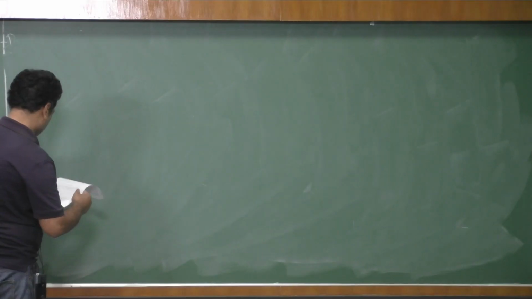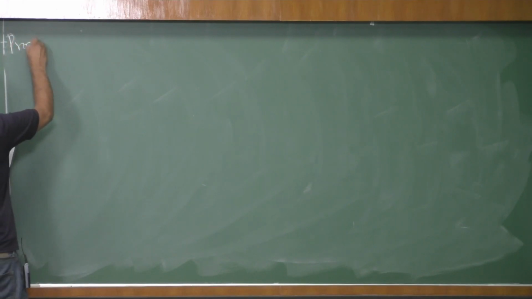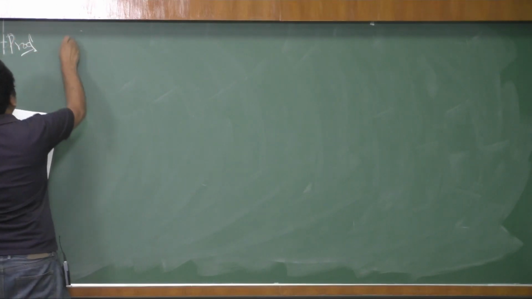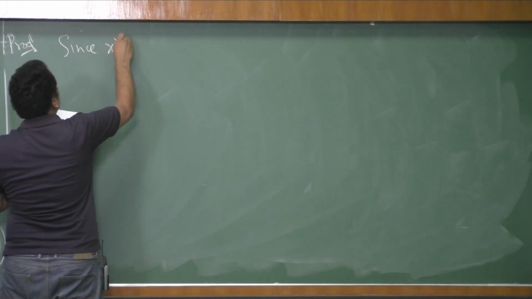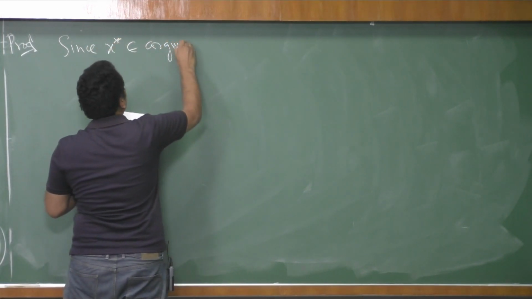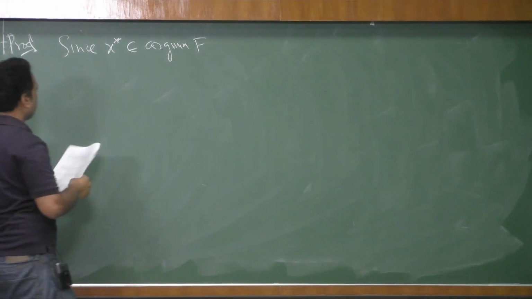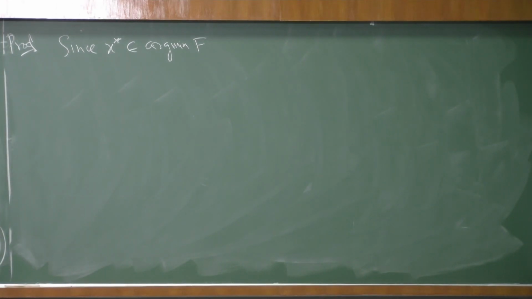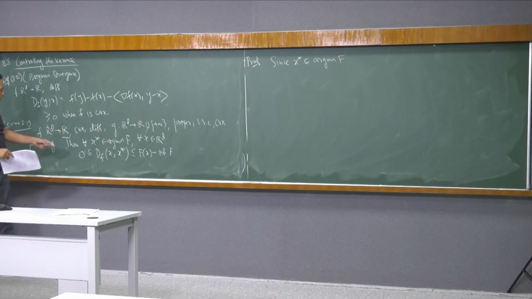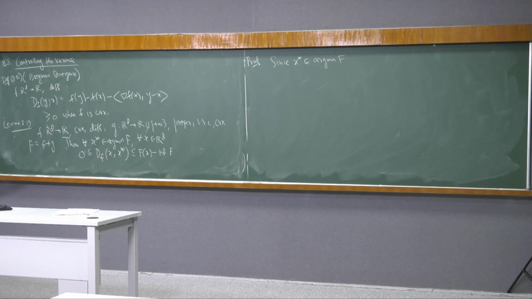Proof of this. Since x star is in argmin of F, we can use the Fermat theorem. Basically it would mean that 0 would belong to the subdifferential of F. Now g may not be differentiable, although f is differentiable.